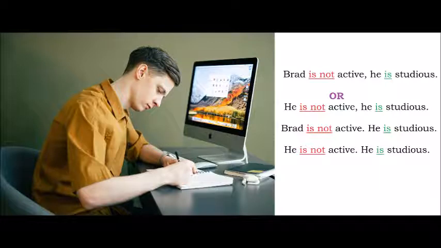Or you can also say, he is not active, comma, he is studious. Or you can also say, Brad is not active, period, he is studious. Another way you can also say is, he is not active, period, he is studious.